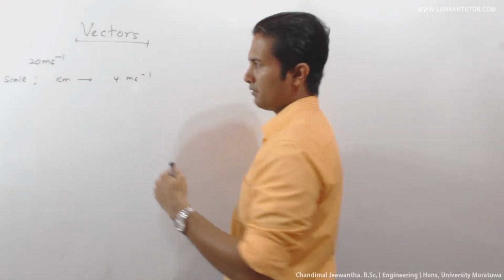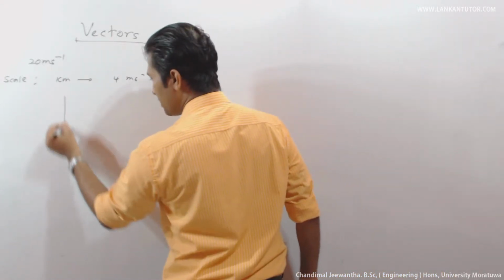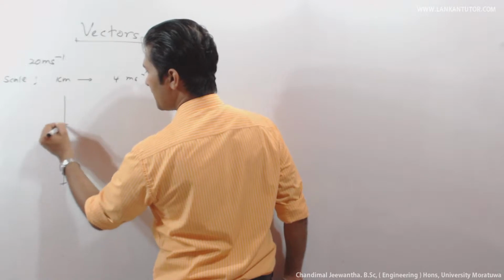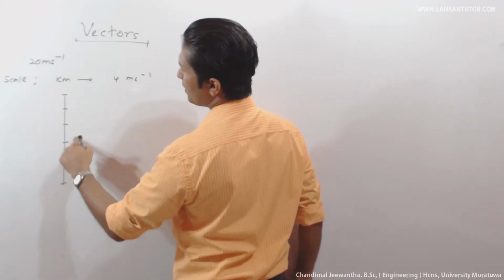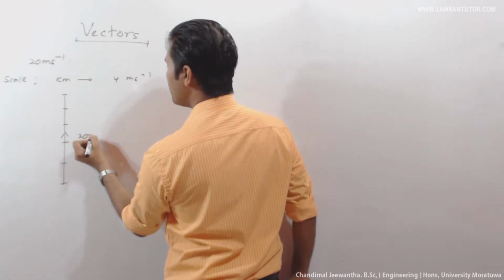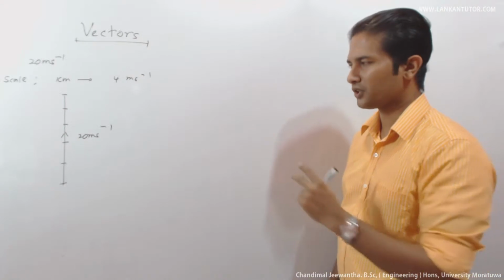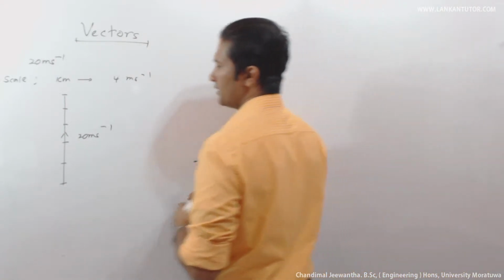Then the length of the line should be 5 centimeters. It should be just like this. It should be 20 meters per second. This is called graphical interpretation of a vector.